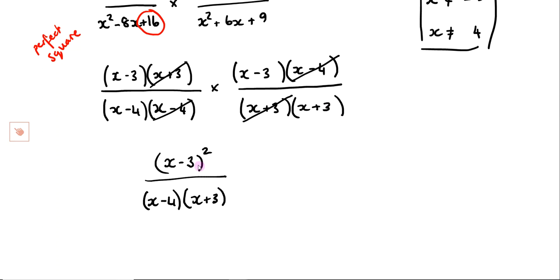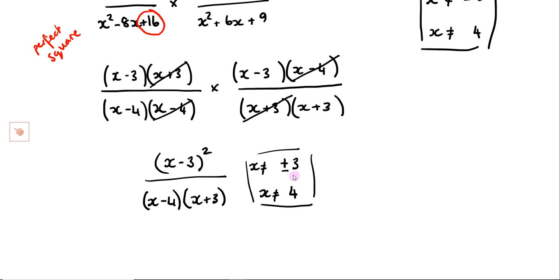Are we happy then that we had to start with the initial one to get those restrictions? These restrictions apply here, but would you be able to get all of those restrictions from this final answer? Because if I look at this, what are my restrictions? Yeah, just plus 4 and negative 3.